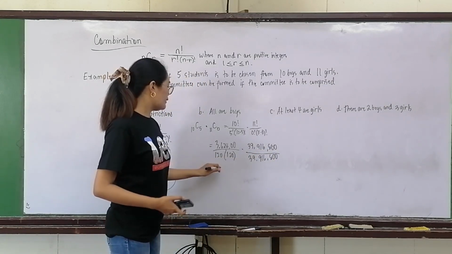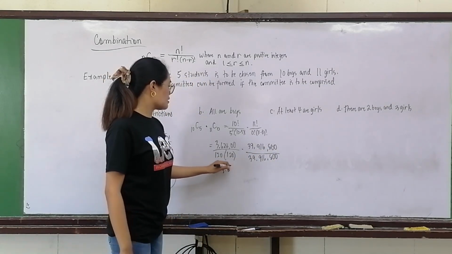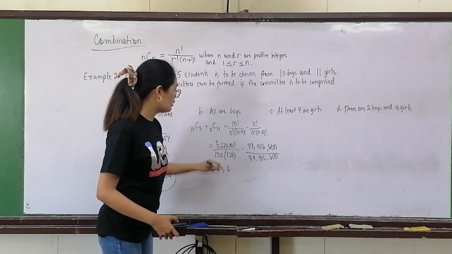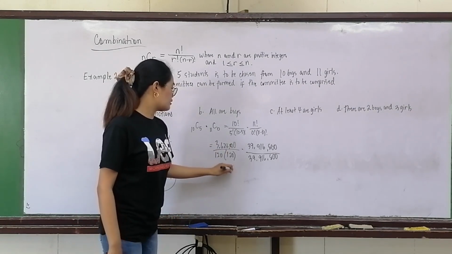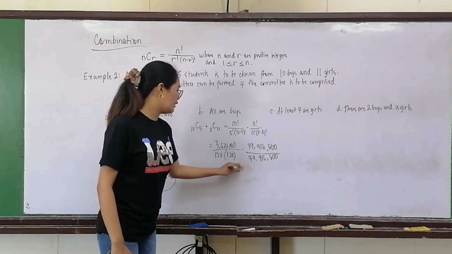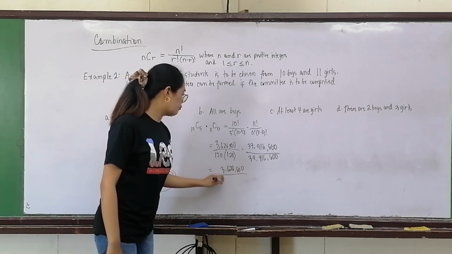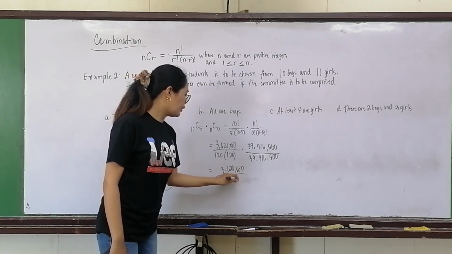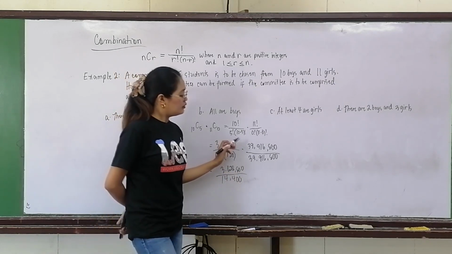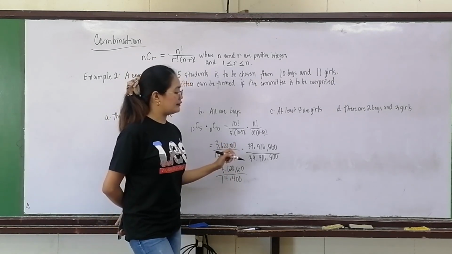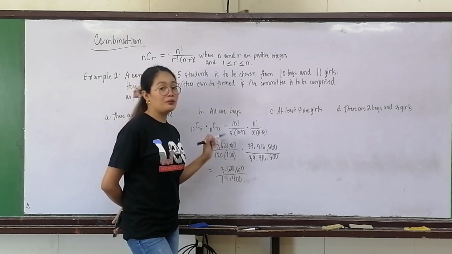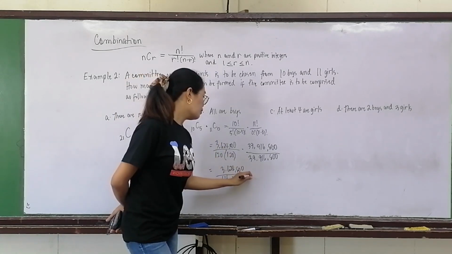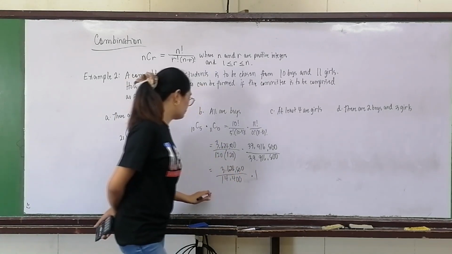Now we have 3,628,800 divided by 14,400, and 39,916,800 divided by itself is just 1. Multiply it by 1.